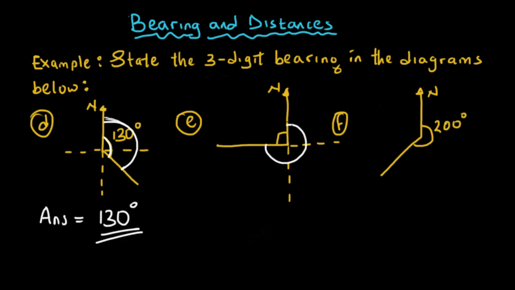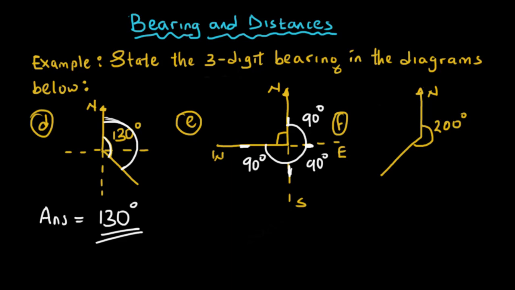Does this make sense? Now we may want to also label the direction. We have east, we have south, and then we have west. So it means that from north to east, 90 degrees, from east to south, 90 degrees, from south to west, 90 degrees. Does this make sense?